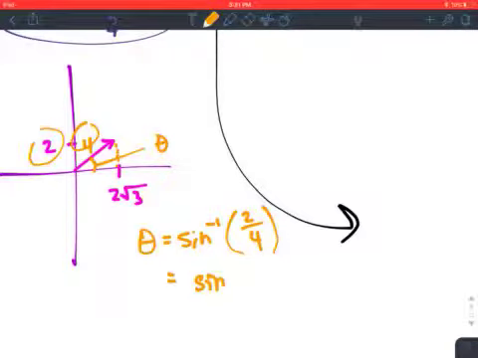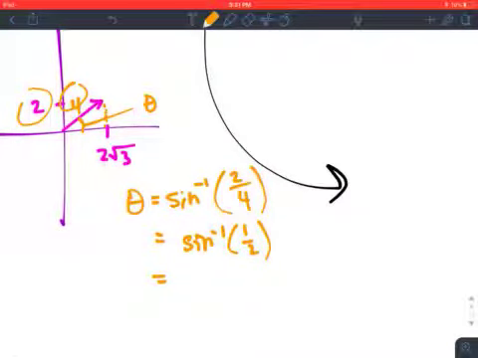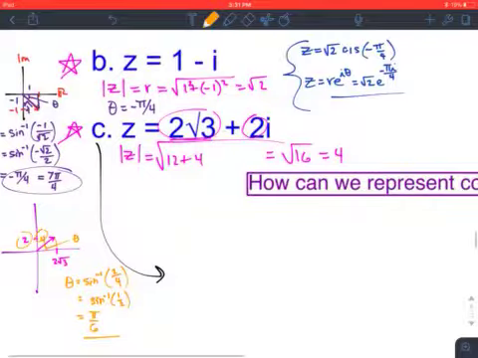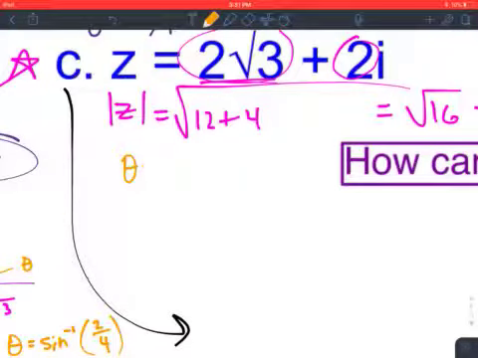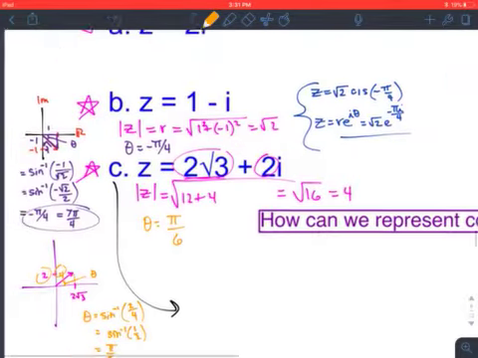Sine inverse of 1/2. And you think, what angle, when I take the sine of it, gives me a y value of 1/2? Well, that is pi over 6. So your theta is pi over 6. Just using the unit circle, we were able to find that out.